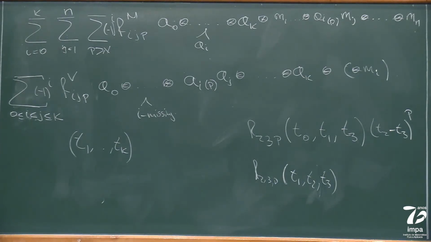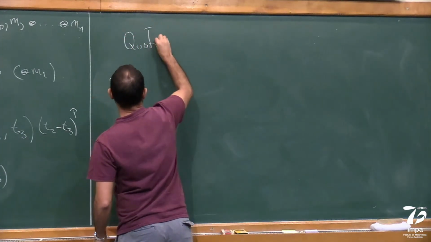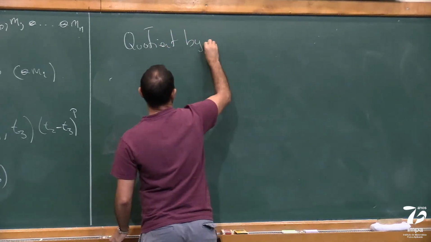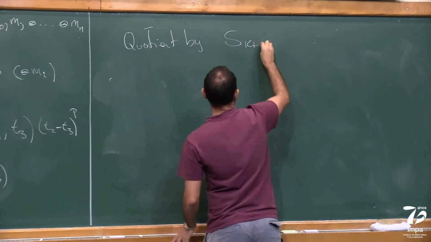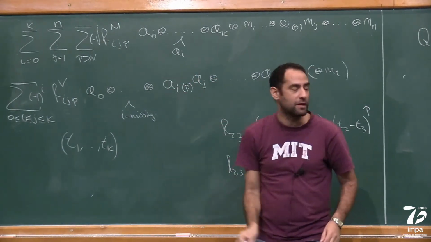So, first of all, we're going to quotient by the action of the symmetric group on k plus 1 elements on these guys. How does the symmetric group on k plus 1 elements act?